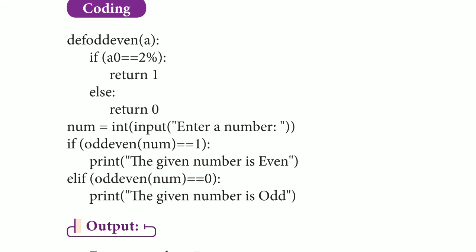Then the next thing is it is checking whether odd_even(num) is equal to 1. So now it is calling the function by using the input from the user, num. If it is equal to 1, then you will get even. If it is equal to 0, then you will get the output that the given number is odd.